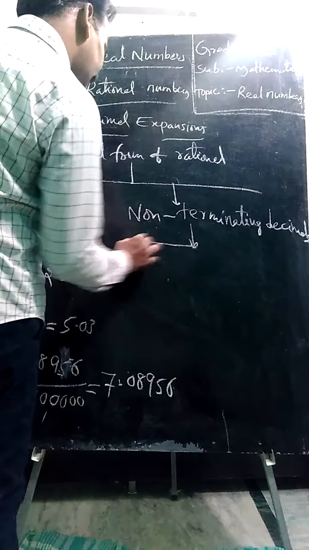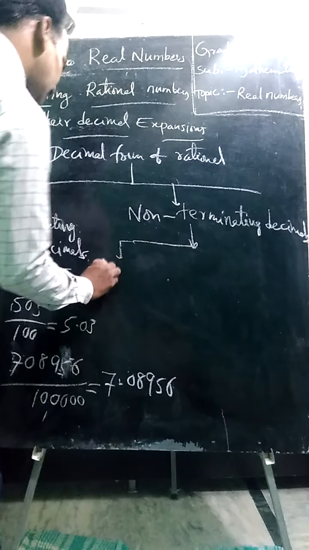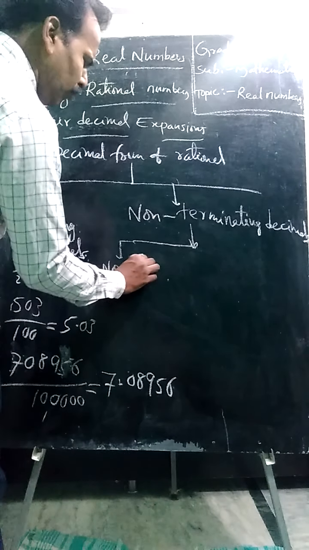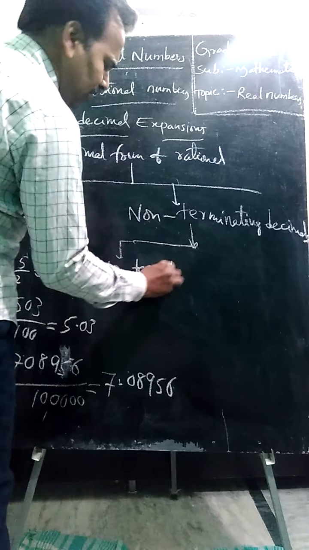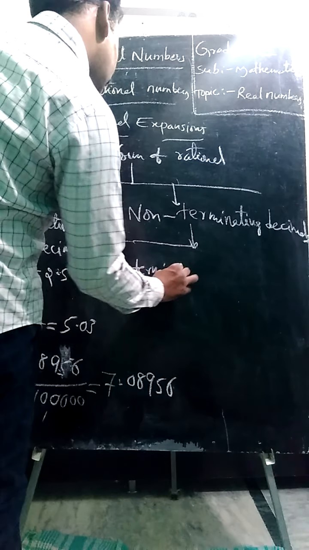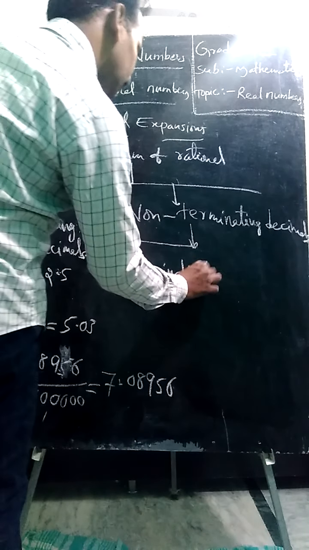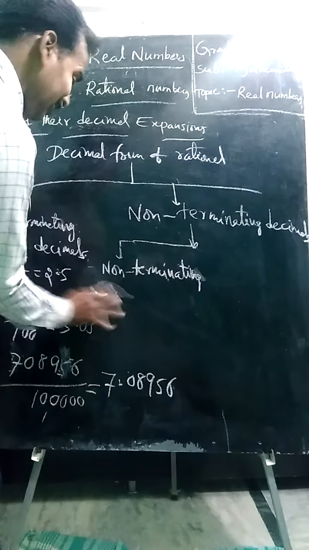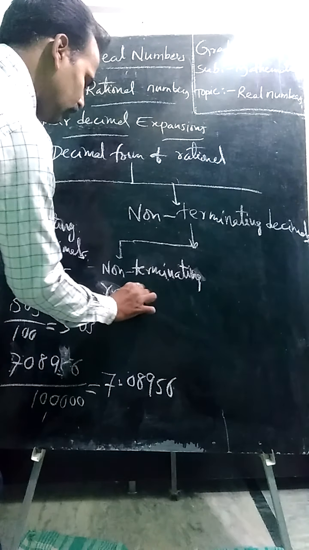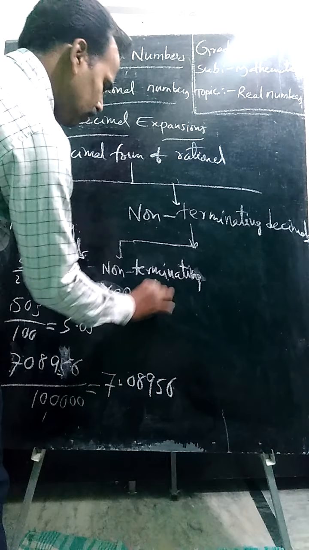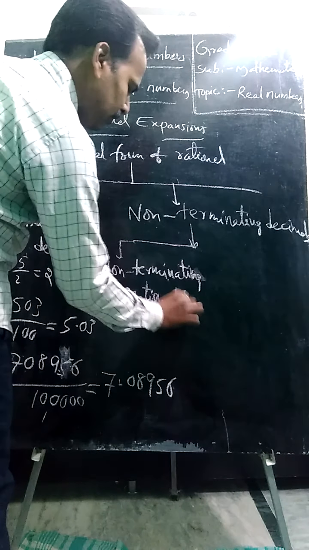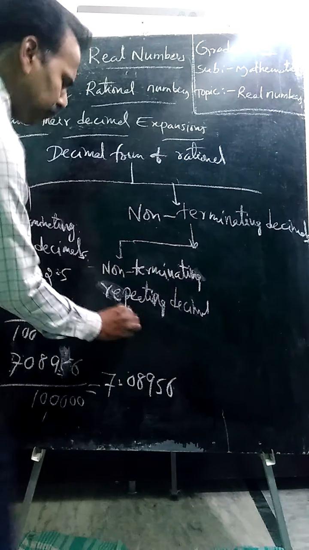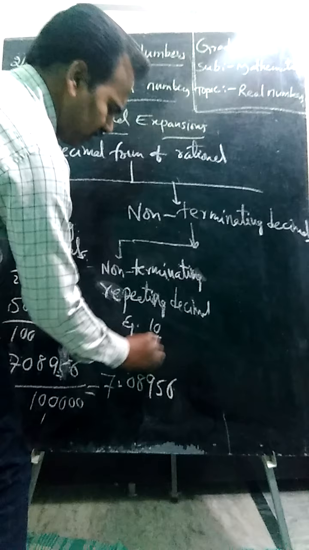Again, non-terminating decimals are of two types. You learned this basic point in the earlier class, 9th class only. Non-terminating, non-repeating, sorry, non-terminating repeating decimal. For example, 10 by 3.